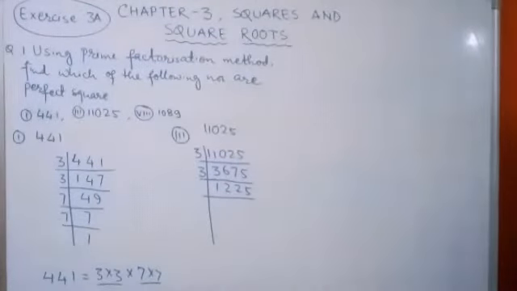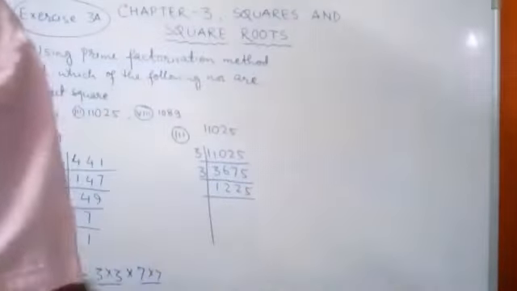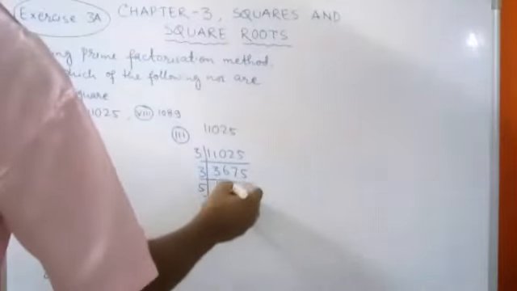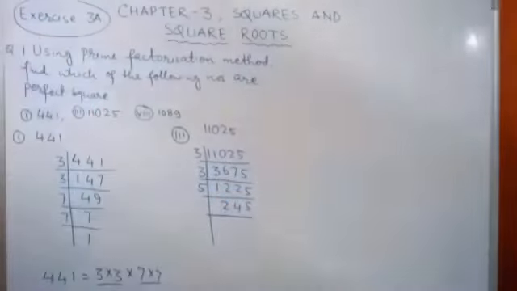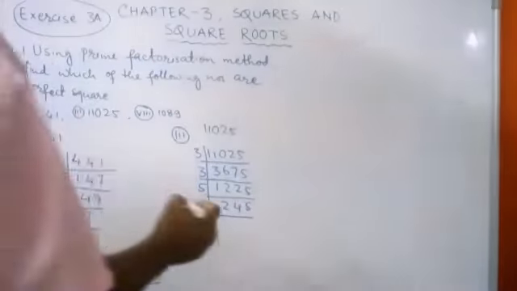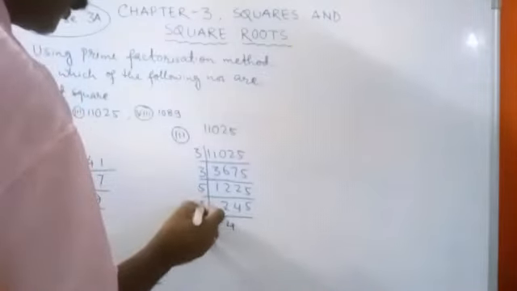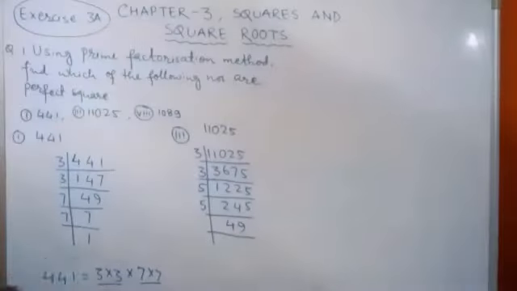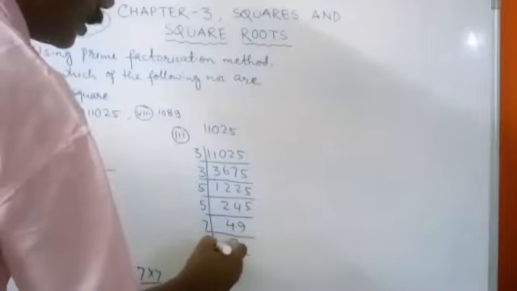Now its unit digit is 5, so this number is divisible by 5. 5 twos are 10, 5 fours are 20, 5 fives are 25. Again this 245 is divisible by 5. 5 fours are 20, 5 nines are 45. Now this 49 is also divisible by 7. 7 sevens are 49.